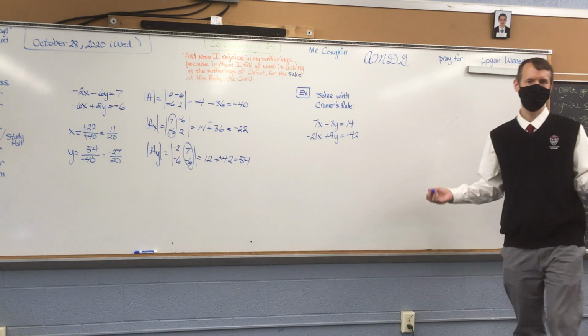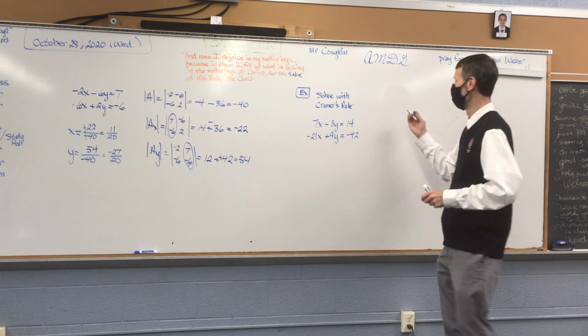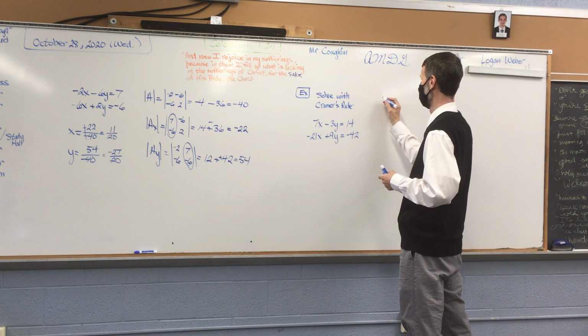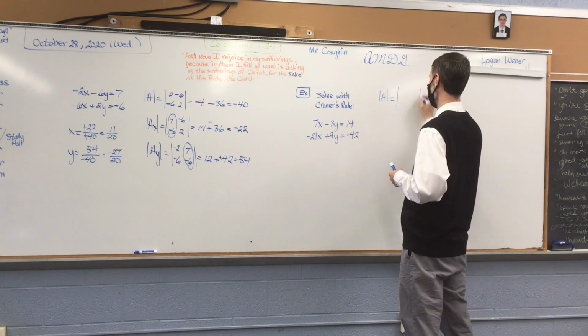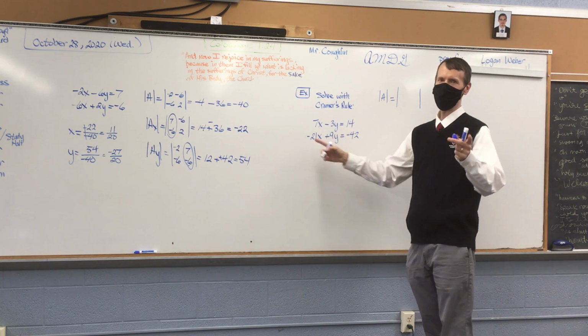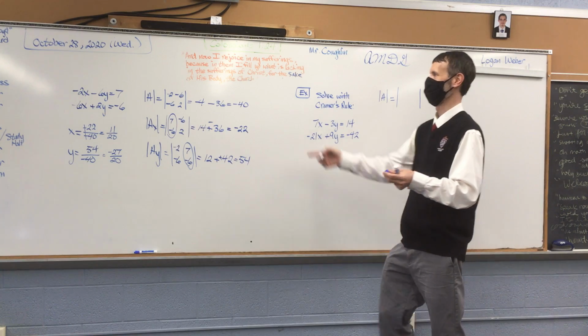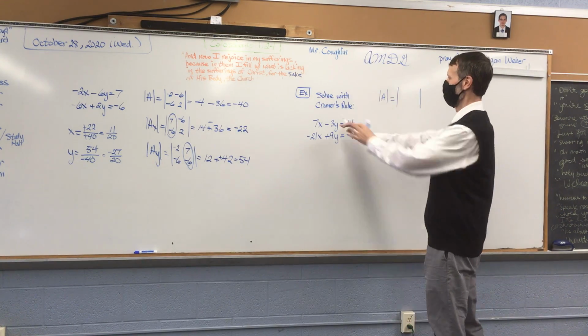And can somebody set this up for me? What do you do first? Right, determinant of A. So what would you get? Oh, you could definitely do the other steps too. Just go ahead and lift these out.